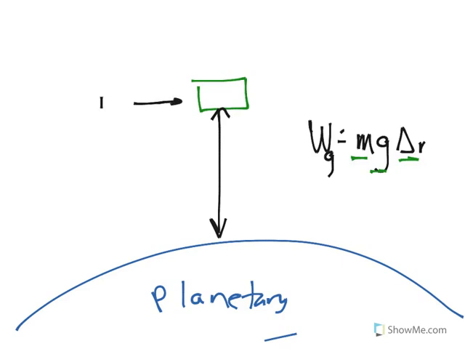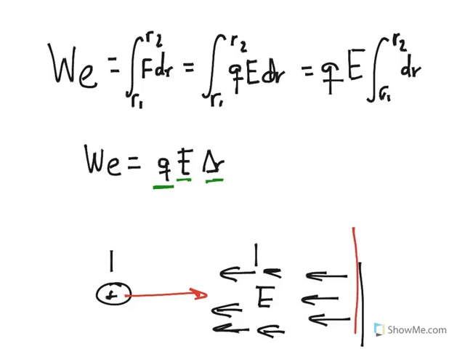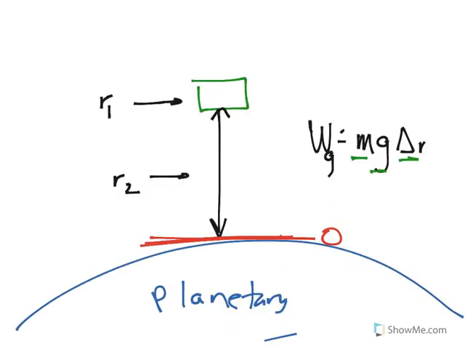So if this is r1 and I move this to r2, then I exert a work. But we were also acquainted with the idea that if this position is the zero position, we can find the position of the plate as a zero position. This is a plate, for instance, or any given surface that is exerting an electric field. This is a planetary system that is exerting a gravitational field. I position my zero at the lowest point or at the source.